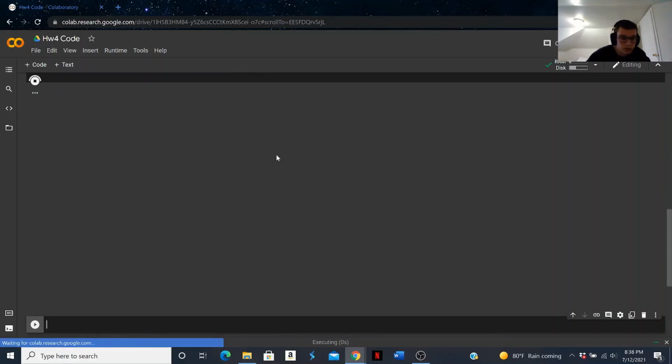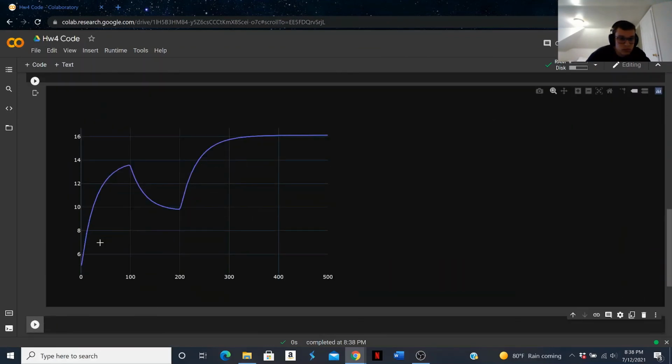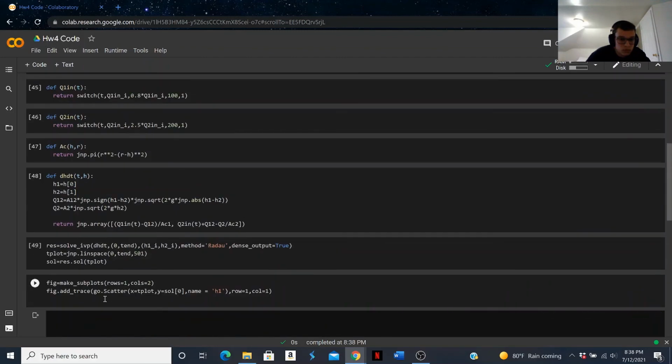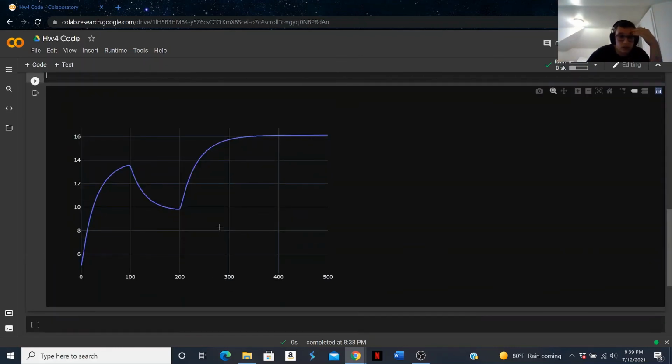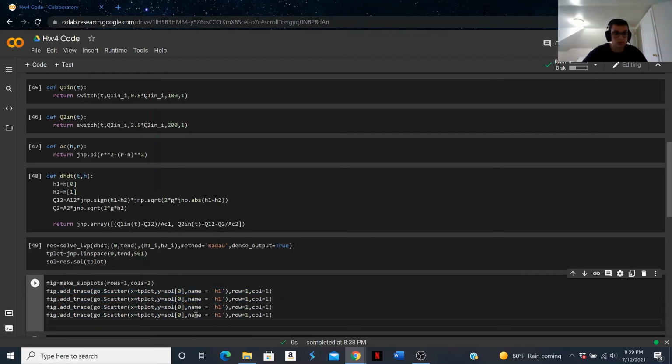So this might work. Okay, we are getting the same awkward numbers here, or this awkward looking graph, which I'm not liking. But let's see if adding other traces will help.